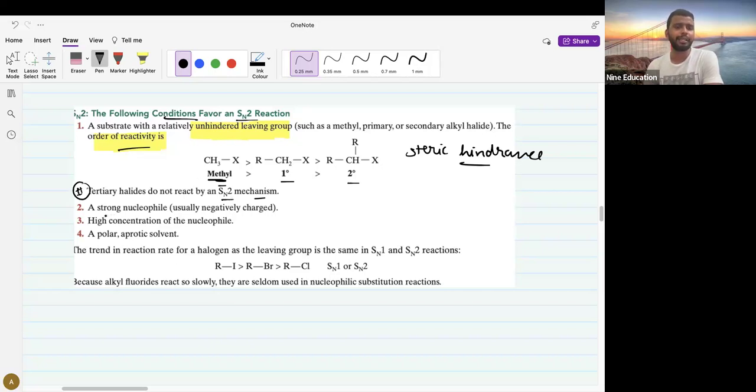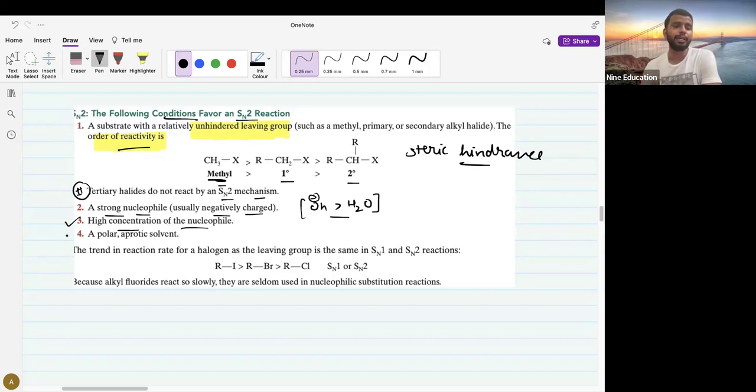We always need a strong nucleophile, usually negatively charged. Always remember, negatively charged species are stronger nucleophiles than neutral ones. We always require a high concentration of nucleophile; take the nucleophile in excess, then only can you get an SN2 reaction.